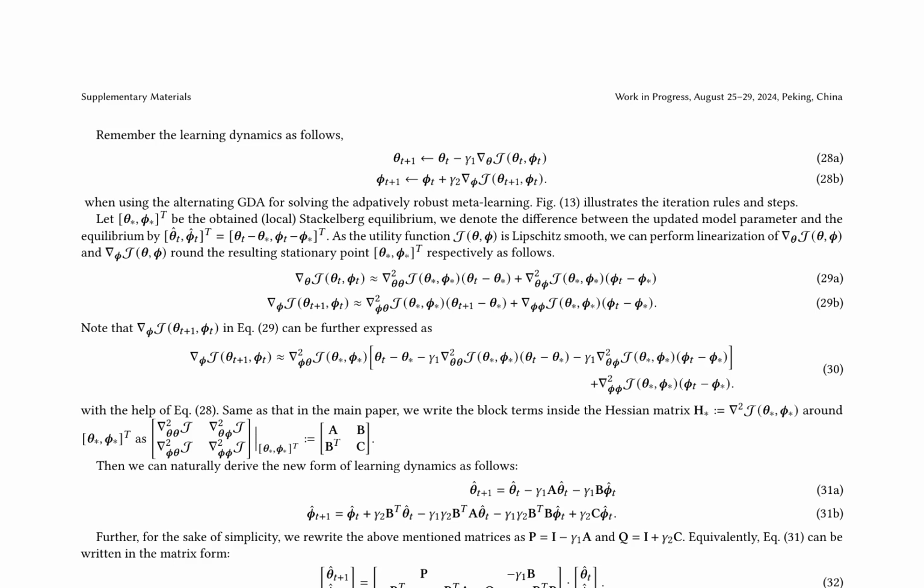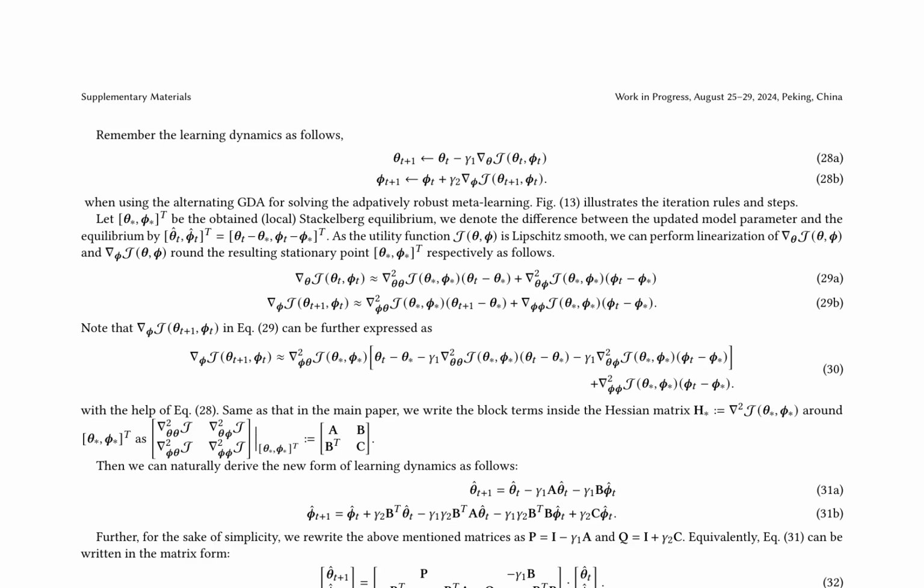By leveraging the Lipschitz smoothness of the utility function J(theta, phi), the authors linearize nabla theta J and nabla phi J around the stationary point, resulting in equations 29a and 29b.